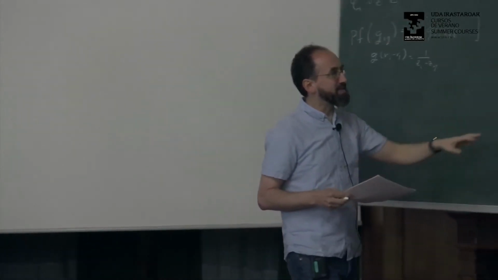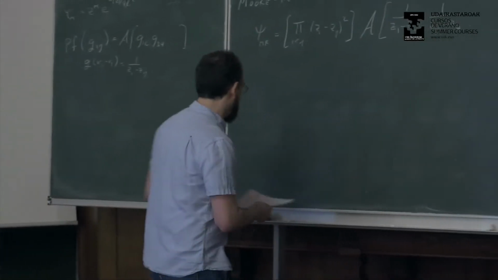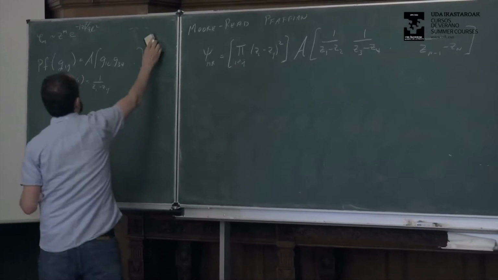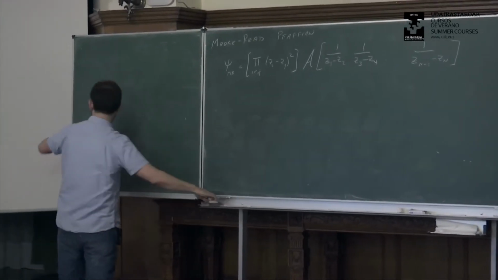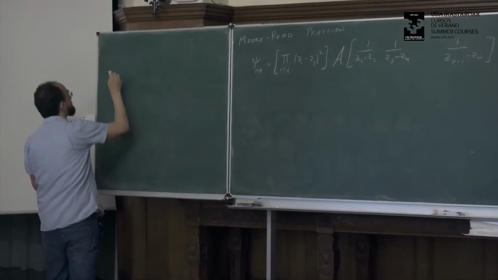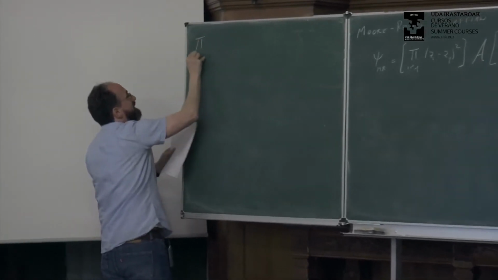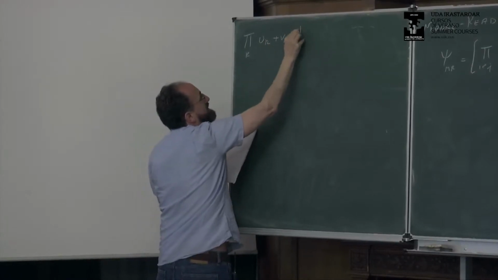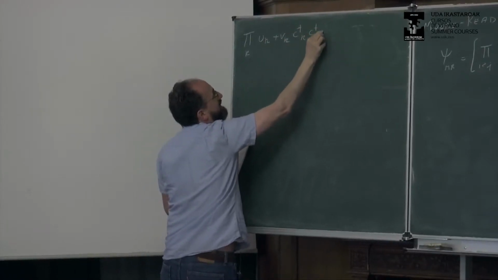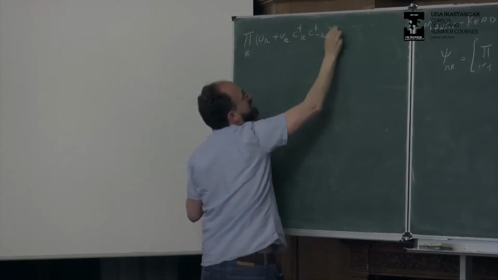So let me try to show how you get from the usual BCS wave function to this anti-symmetrized Pfaffian. All right, I might need some room here. So let's start with the usual BCS wave function, product over k, uk plus vk, c dagger k, c dagger minus k, applied to 0.